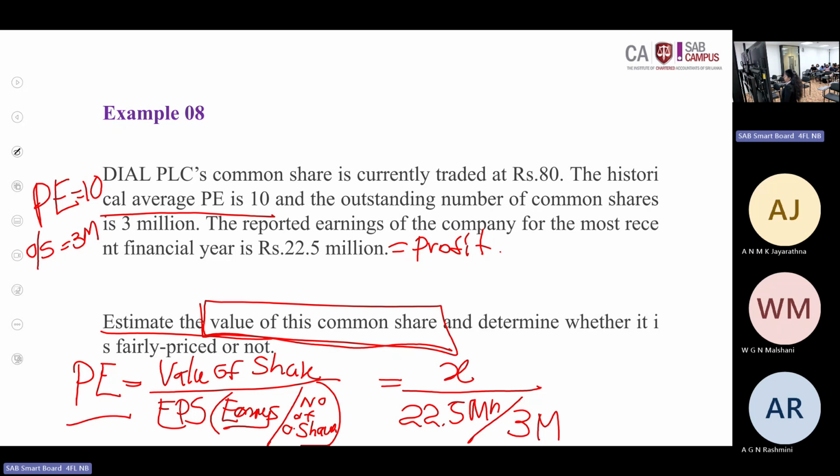We already have the historical PE, that is 10 times. It is then very easy to calculate X, where X means the value of the share.